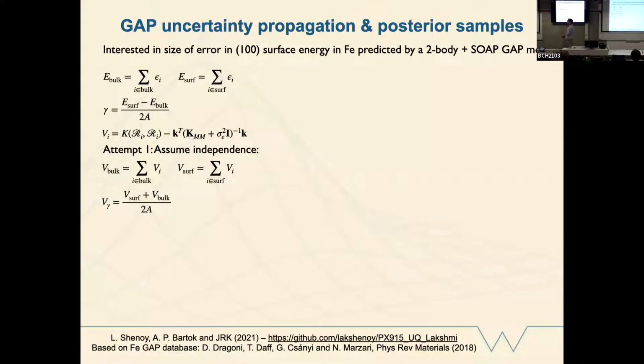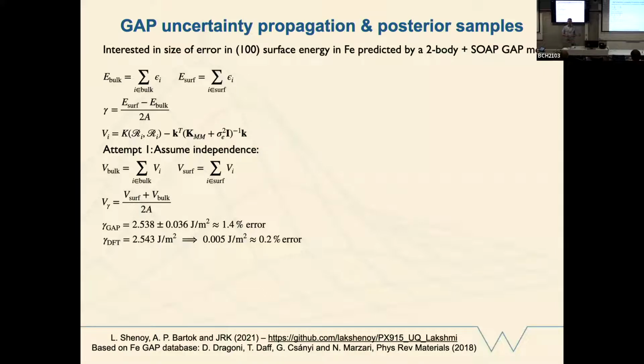And if we just assume everything's independent, we add up all the variances and then we propagate through and get a variance on the total quantity. And in this case, it works out at just over 1% error. If we actually see what the error is with respect to the reference data for this particular quantity, we're overestimating that error. That's significant. So the first thing to check is how much of that is due to this assumption of independence.